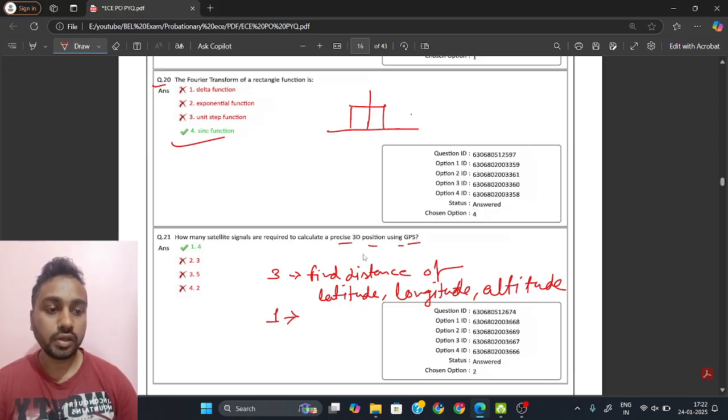And one more satellite we use to eliminate error. So in total four satellites we are using.